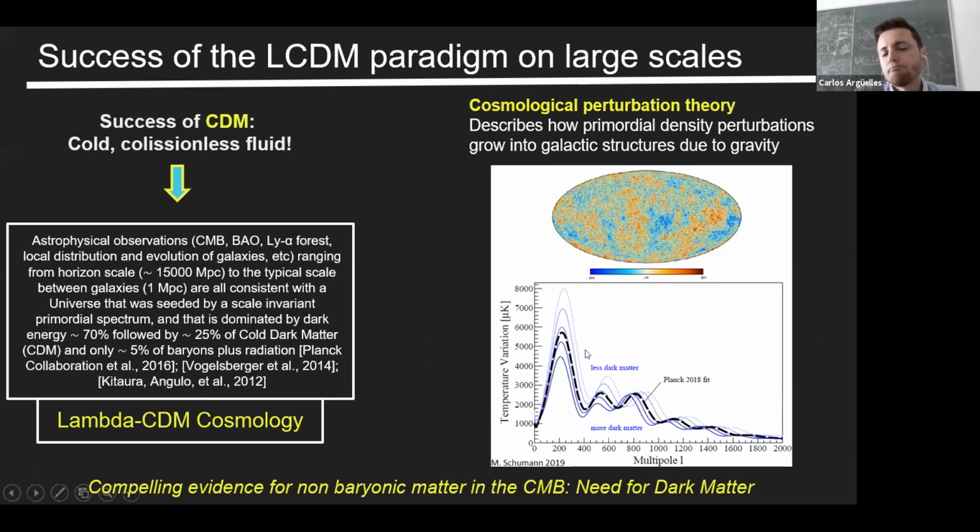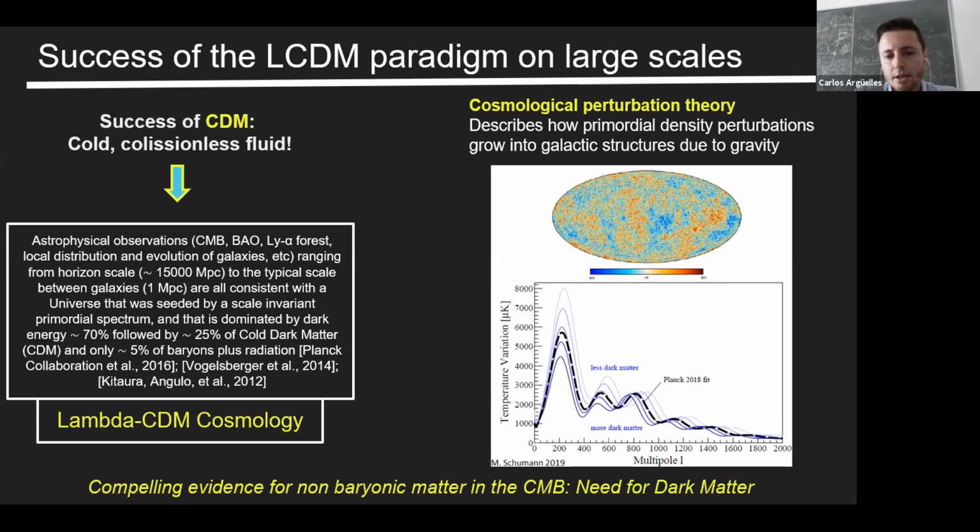But regarding dark matter, one of the strongest evidences is that in order to explain the temperature fluctuations in the power spectrum, you can demonstrate that the peaks in the spectrum are very sensitive to the amount of dark matter.